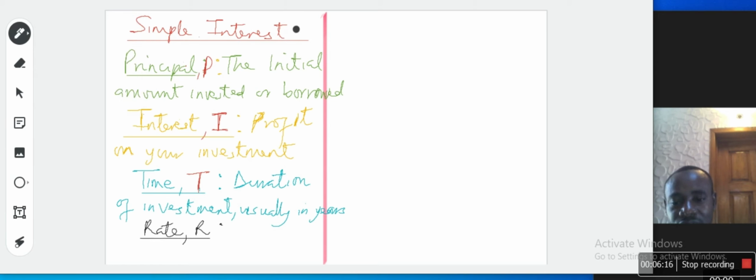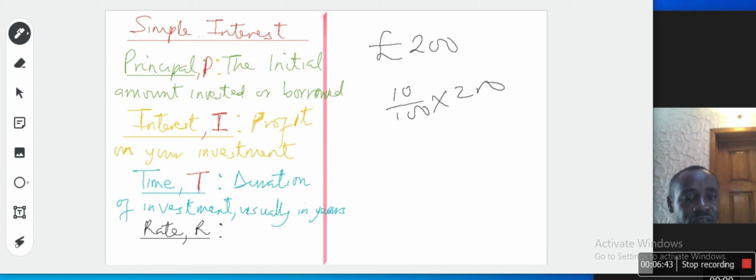If I collected 200 naira and the percentage charge is 10%, what is the charge? It's just an example. 200 naira was collected, or 200 pounds. Now, if the percentage charge is 10%, what's the charge? That's 10 over 100 of 200, isn't it?